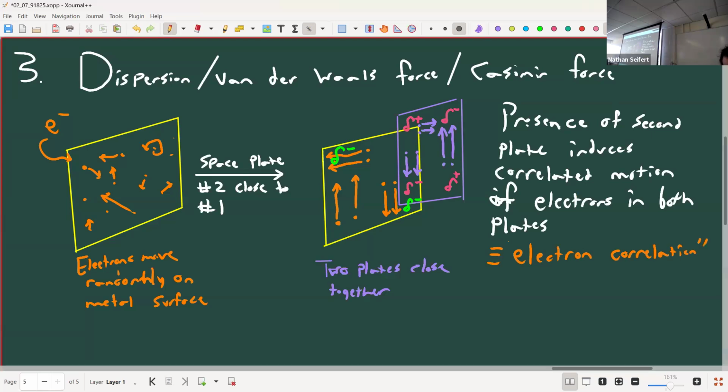This is true when you have an interaction between two materials containing electrons: there's always a non-zero electron correlation. It's always non-zero, as long as it has electrons.